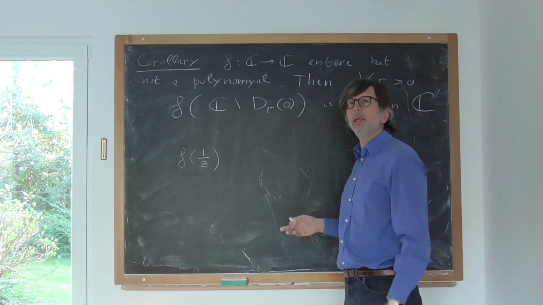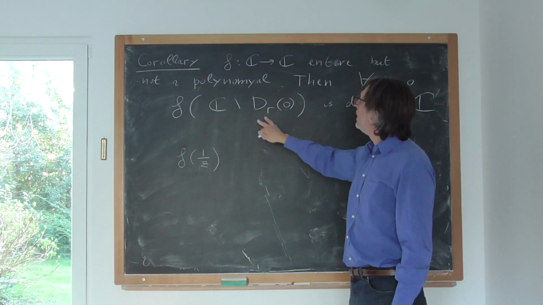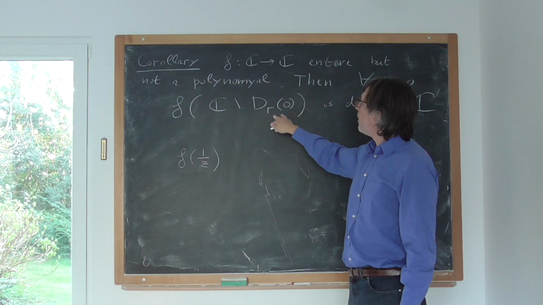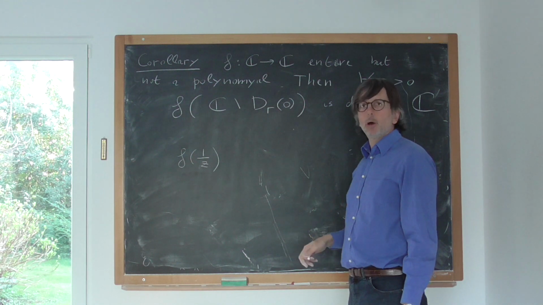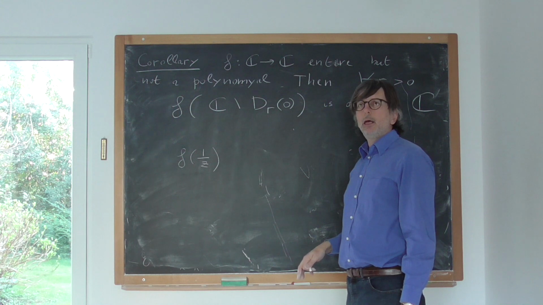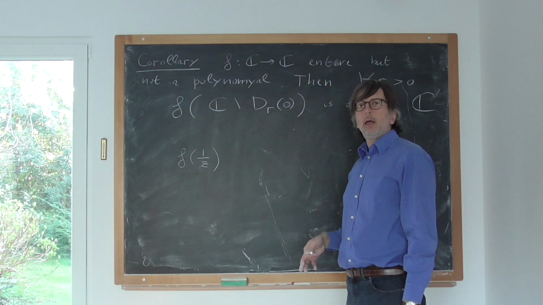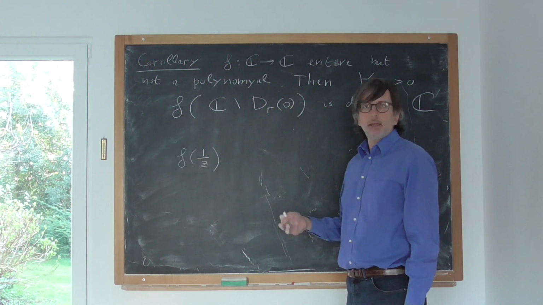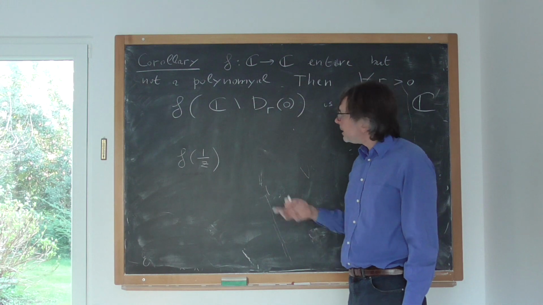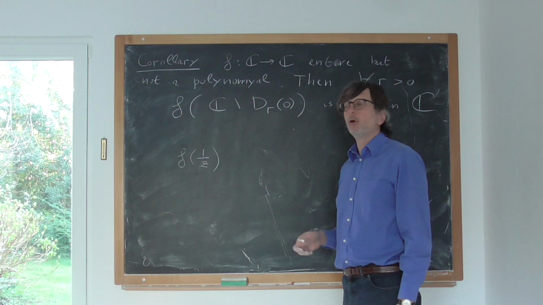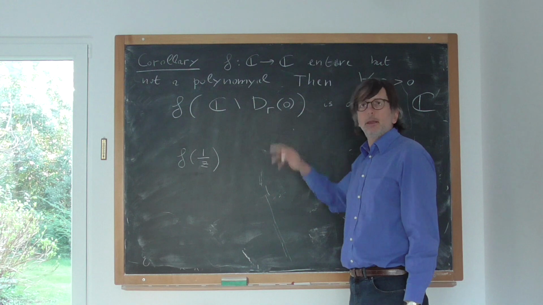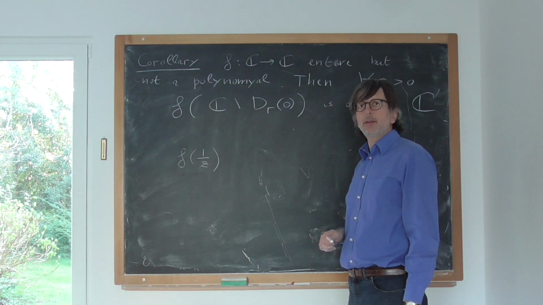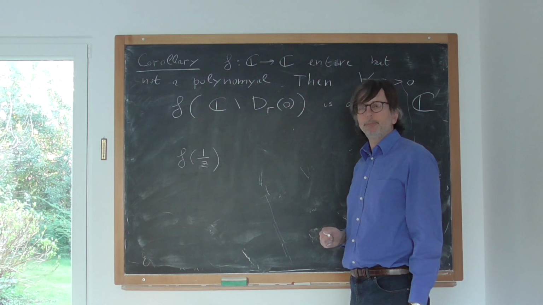Okay, so it's really a huge set. You can leave out at most 1 point. And this result is known as the Picard theorem, the big theorem of Picard, but this is a theorem whose proof is considerably more complicated than the proof of the Casorati-Weierstrass theorem we saw today.